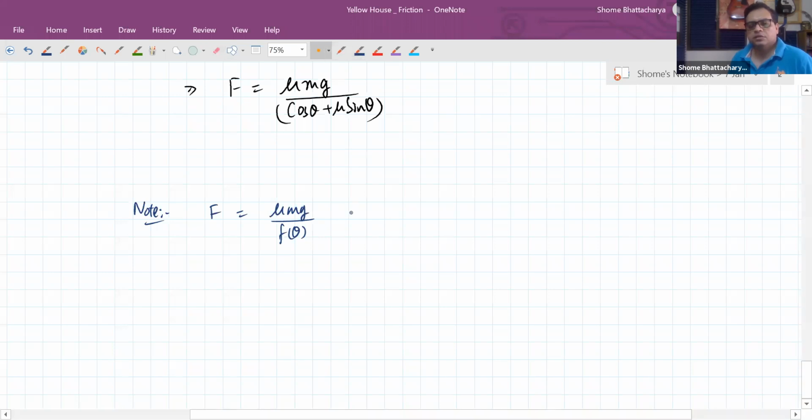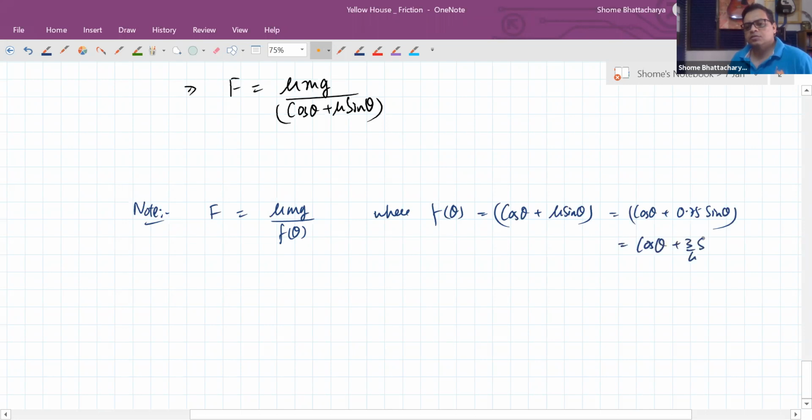Okay, where this function of theta is this. It is cos theta plus mu sine theta, so that is cos theta plus 3 by 4 sine theta.